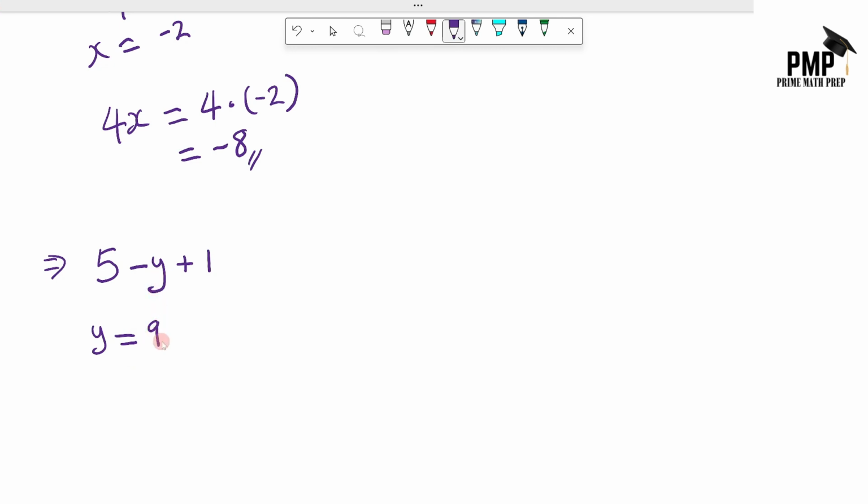This expression will now be 5 minus 9 plus 1. Because we have subtraction and addition in this expression, we'll go from left to right as our order of operation. 5 minus 9 is negative 4, plus 1. Negative 4 plus 1 will give us negative 3.